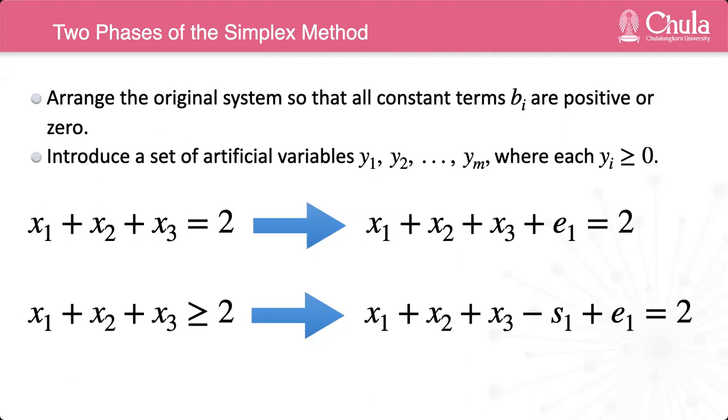So we try to minimize the W function to find a feasible solution, because once we force this W to be 0, what does it mean? It means we already have a feasible solution, and we will use that feasible solution as a starting point for the phase 2 algorithm.